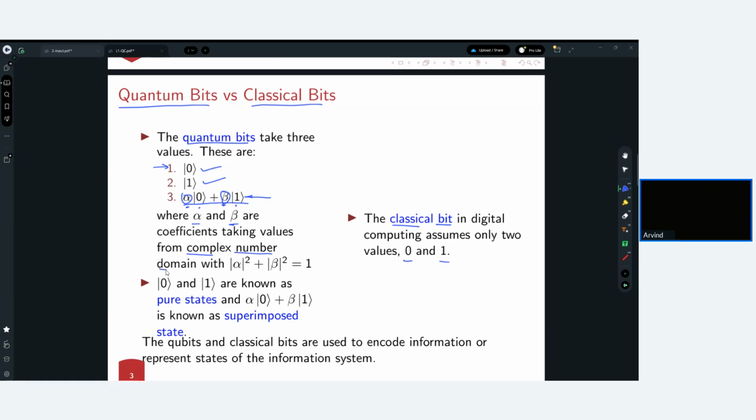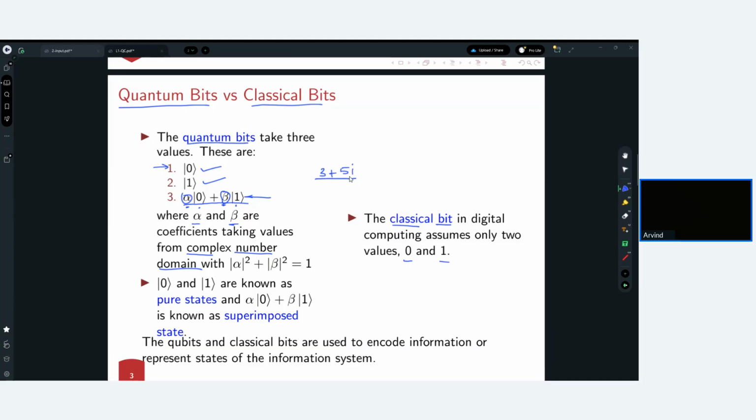They take complex numbers like 3 plus 5 times i. So this is a complex number.